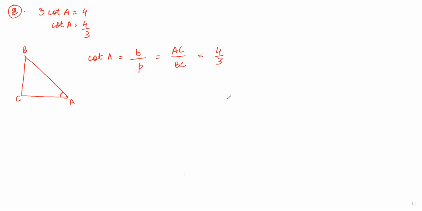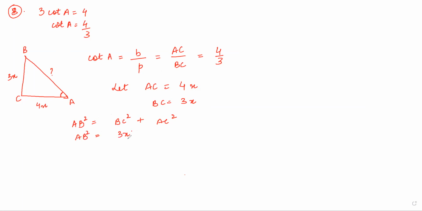Yes. So every question we do like this, right? From here I can say that let AC is equal to 4x and BC is equal to 3x, correct? So I've got this side 4x, I've got this side 3x. My first step will be to find the hypotenuse, the third side. From the Pythagoras theorem, we know that AB square is equal to BC square plus AC square. So AB square will be how much?